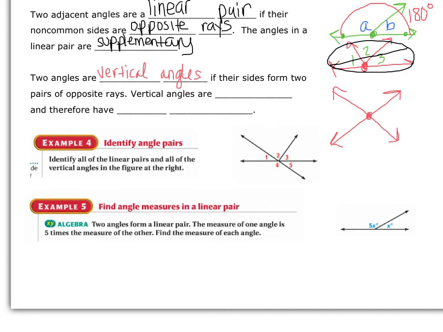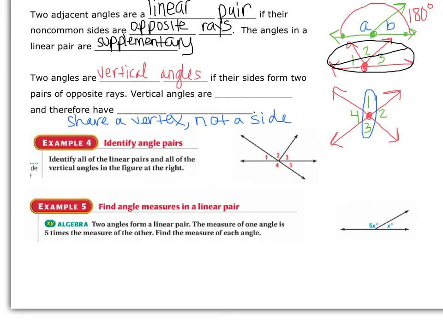What happens now is that there are angles formed in here. This is angle 1, angle 2, angle 3, and angle 4. Vertical angles are opposite from one another. So if you look at the picture, vertical angles share a vertex, but not a side. 1 and 3 share the vertex, but 1 and 3 don't have any sides in common, so 1 and 3 are vertical angles.